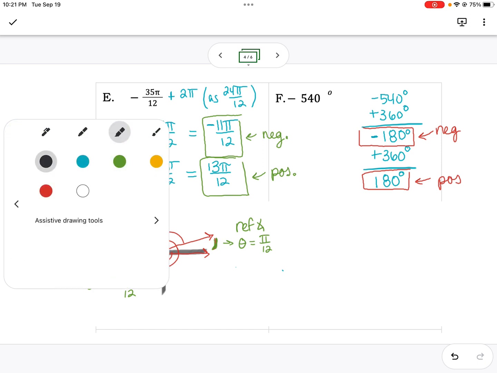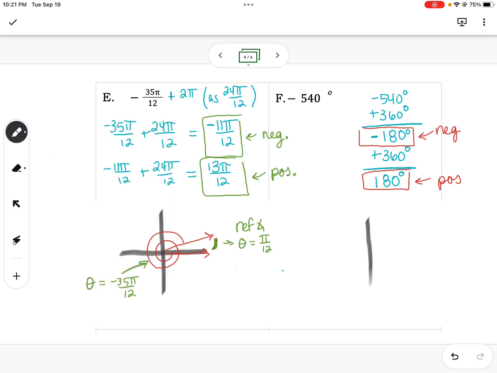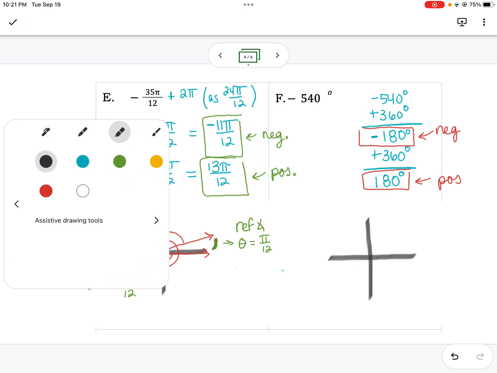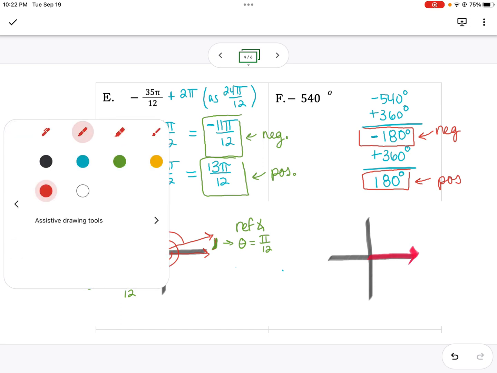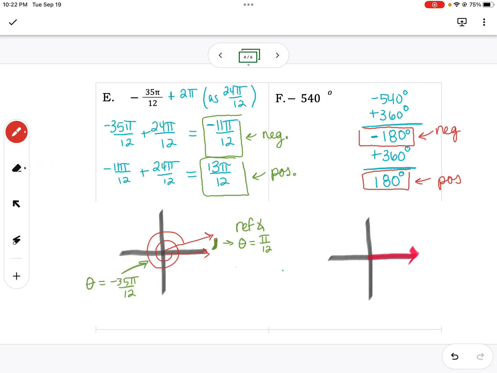And then over here for problem F, I am starting right here, and then my angle is going to go, so I was at negative 540, so I'm going around once, and then I still am supposed to go around one more time to negative 180, so it lands back here.